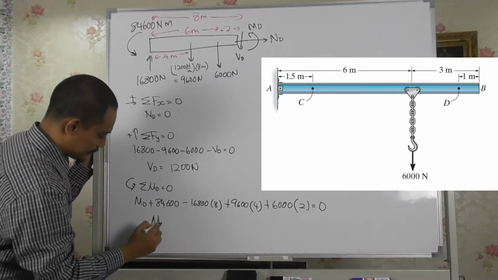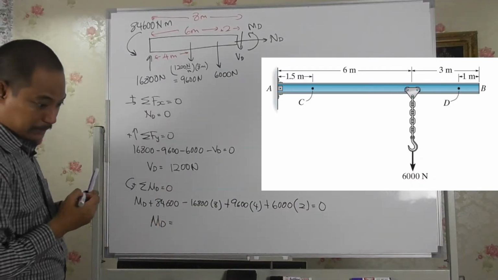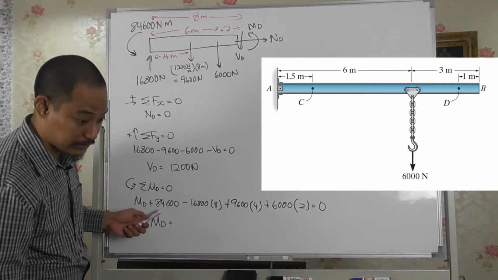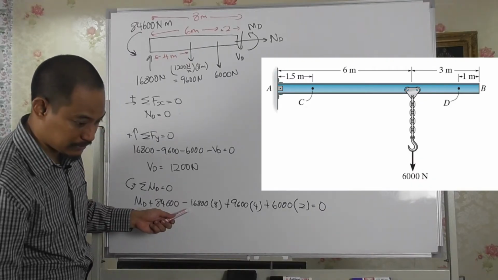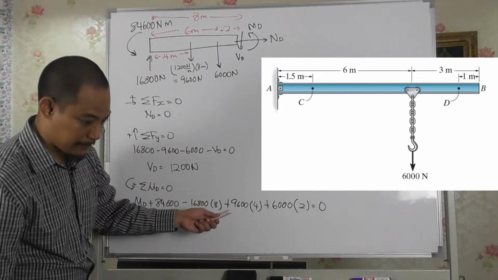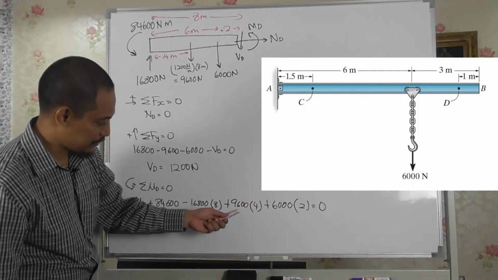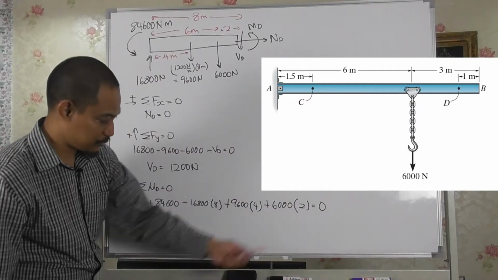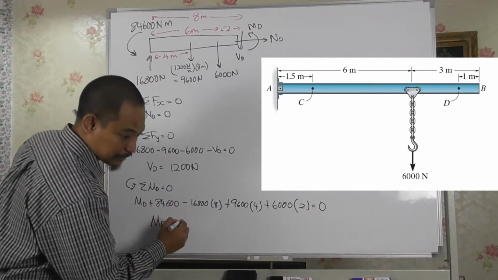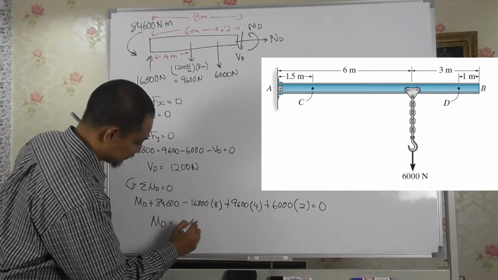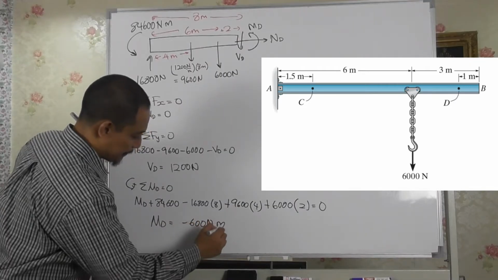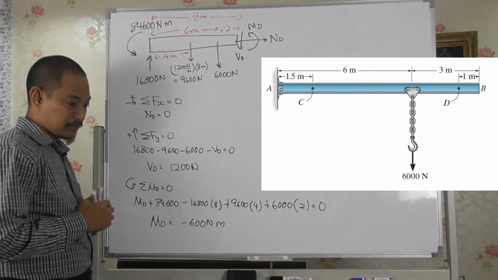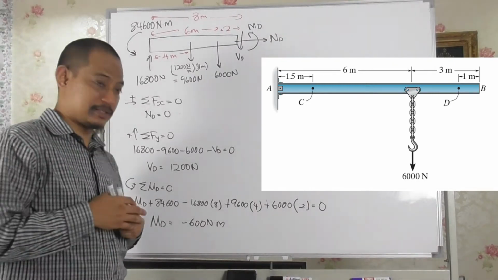So here you'll get MD, double check, MD plus 84600 minus 16800 times 8 plus 9600 times 4 plus 6000 times 2, you will get minus 600 Newton meter, which is the same as before, right? So either way we'll get the same answer.